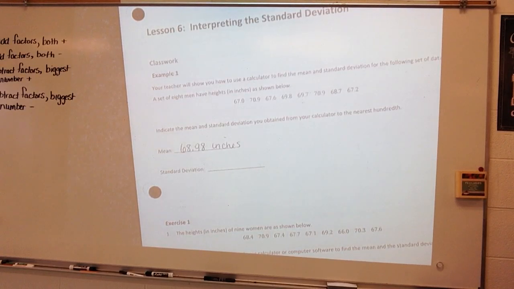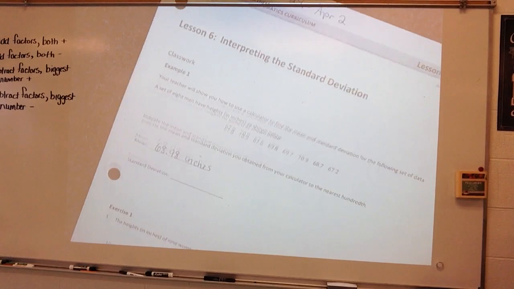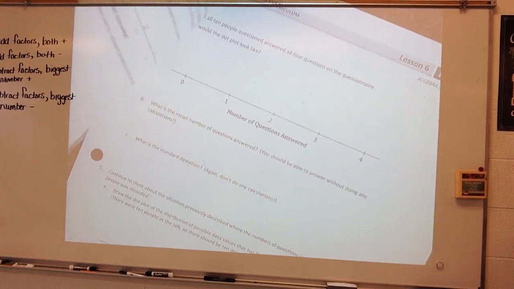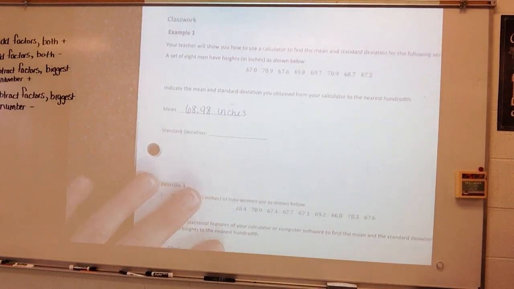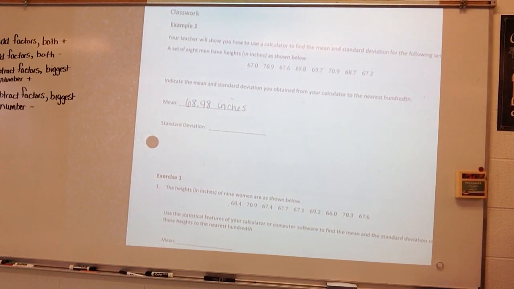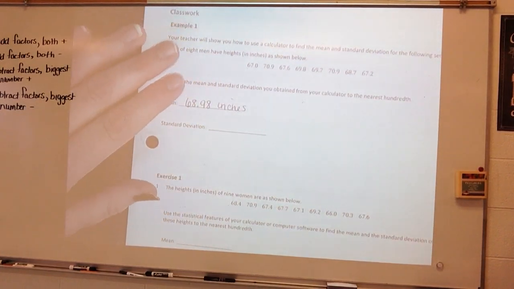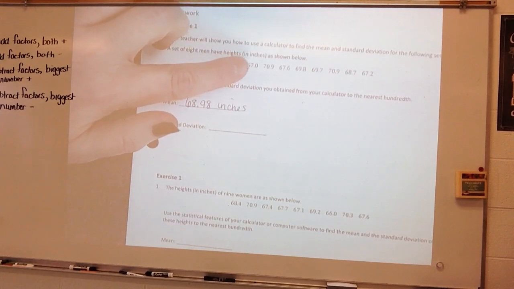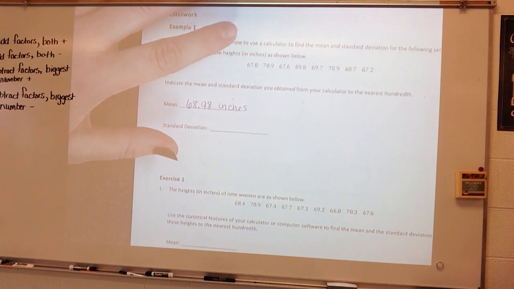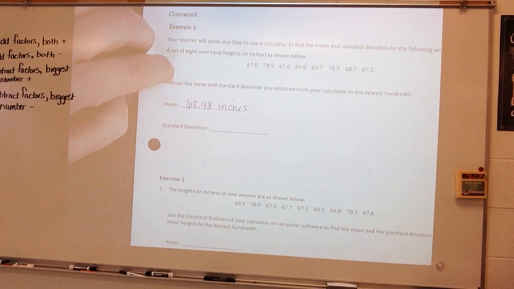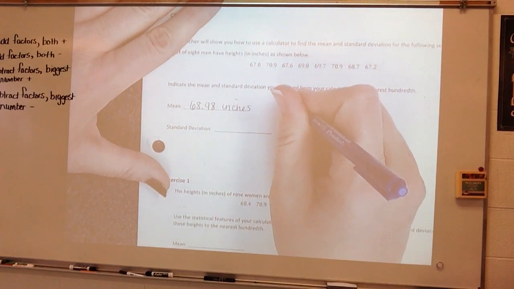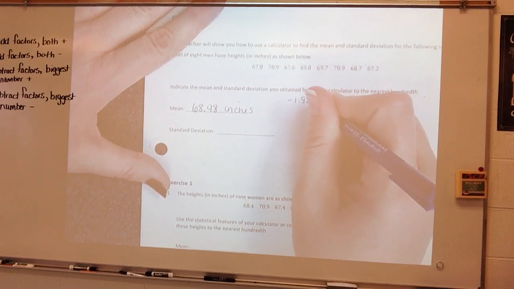So instead of doing all that right now, no, I tell you what, we're going to do it all because we don't have the calculators quite to do it. So we're going to have to do these steps. I'm going to subtract. So 67 minus 68 and 98 hundredths gives me a negative 1 and 98 hundredths.